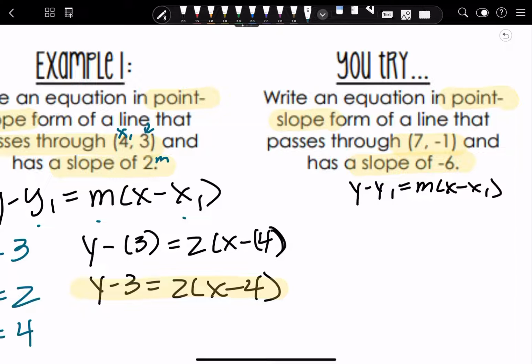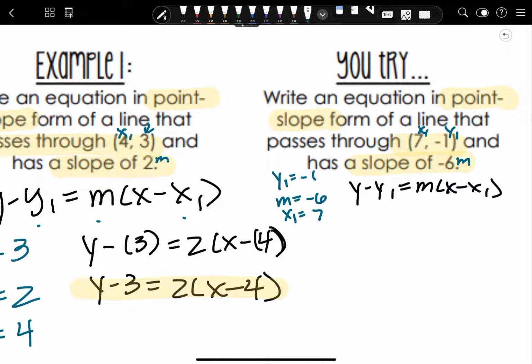We've got our x1 and our y1, and this is our m. So we're going to write it down to the side because it's easy for us to look back and see what we're doing. I know some of you are like, I'm not going to do that. I want you to do it. This is you showing your work for me.